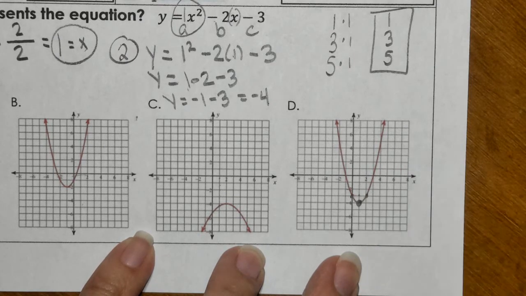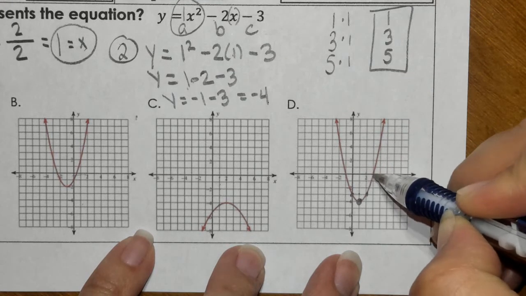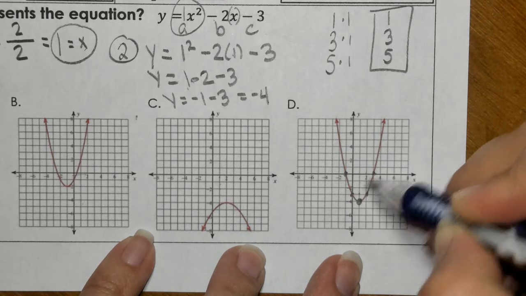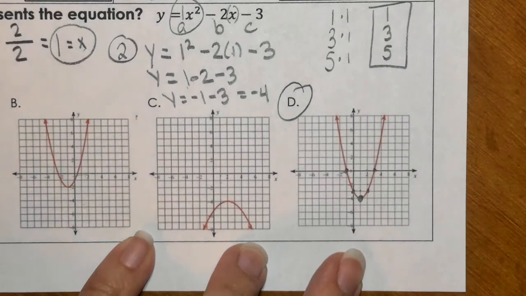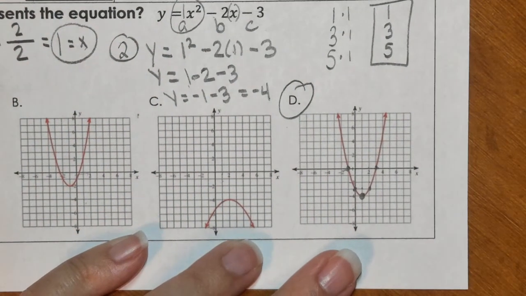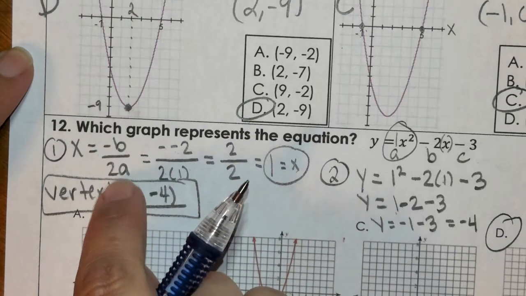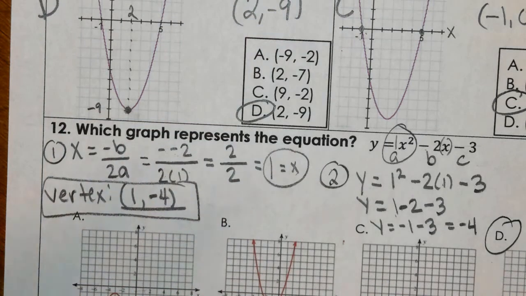Up 1, left 1, I also land there. If I go up 3, I land there as well. So up 3, right 1, up 3, left 1. Okay, so obviously D is my solution here. But it is important to know that you have that x equals -b over 2a as the beginning of finding your vertex.